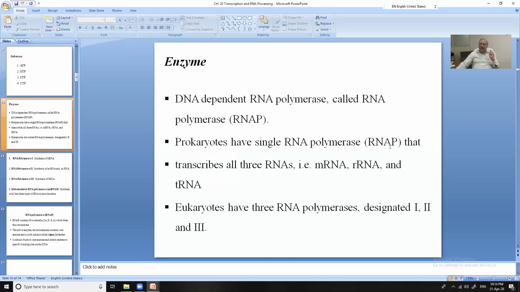All these types of RNA are made by the single DNA dependent RNA polymerase in the prokaryotic cell. But in eukaryotes, we have 3 RNA polymerases designated polymerase 1, polymerase 2 and polymerase 3. They are the RNA polymerases in a eukaryotic cell.